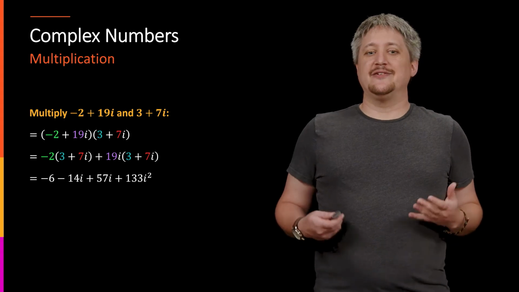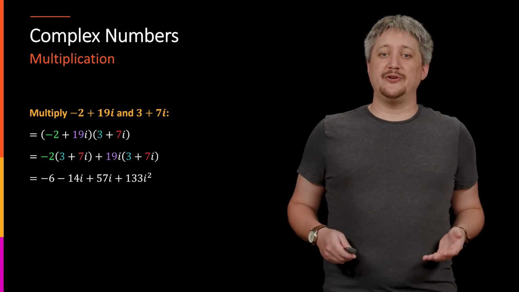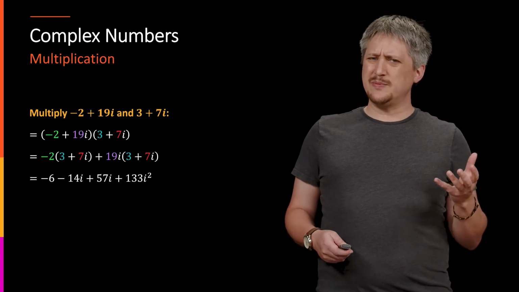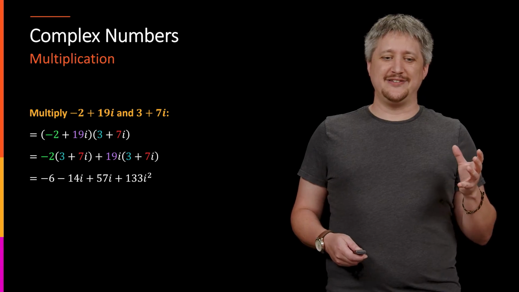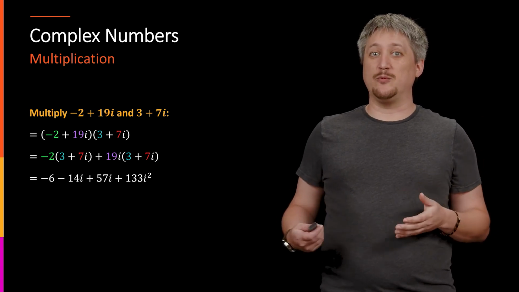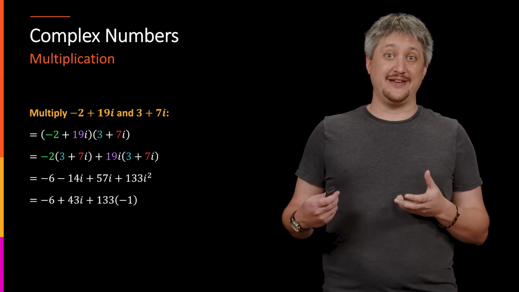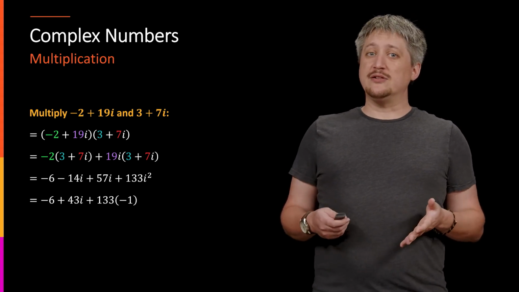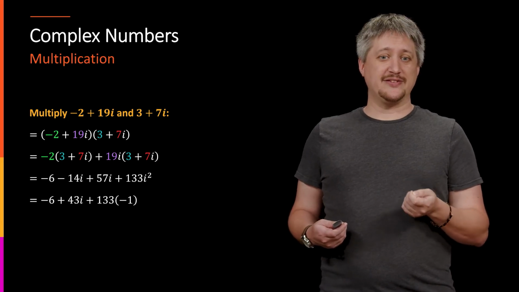And that gets me -6, -14i, plus 57i, plus 133i squared. But remember, the whole point about i is that it's defined as i squared being -1. So I can replace that i squared with that -1, and that's now real. So that tells me that I really have a -133 as that last term.